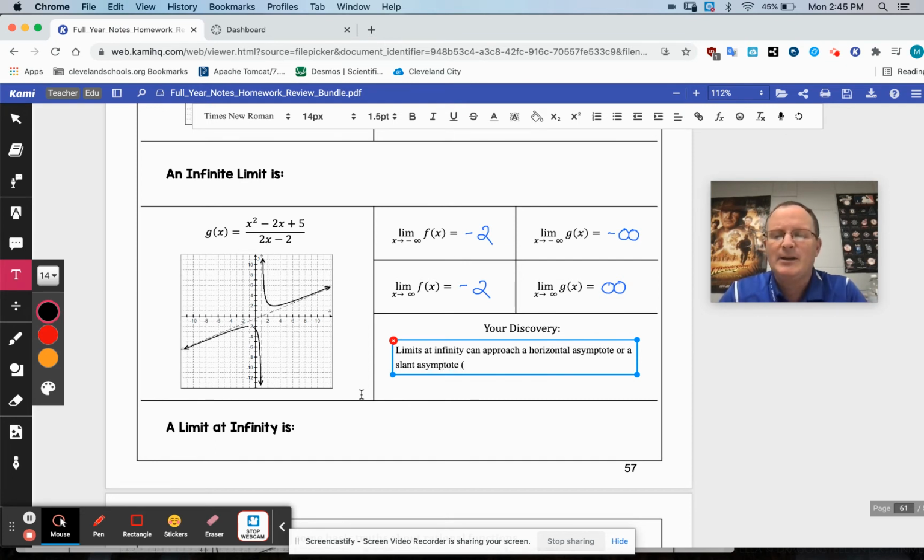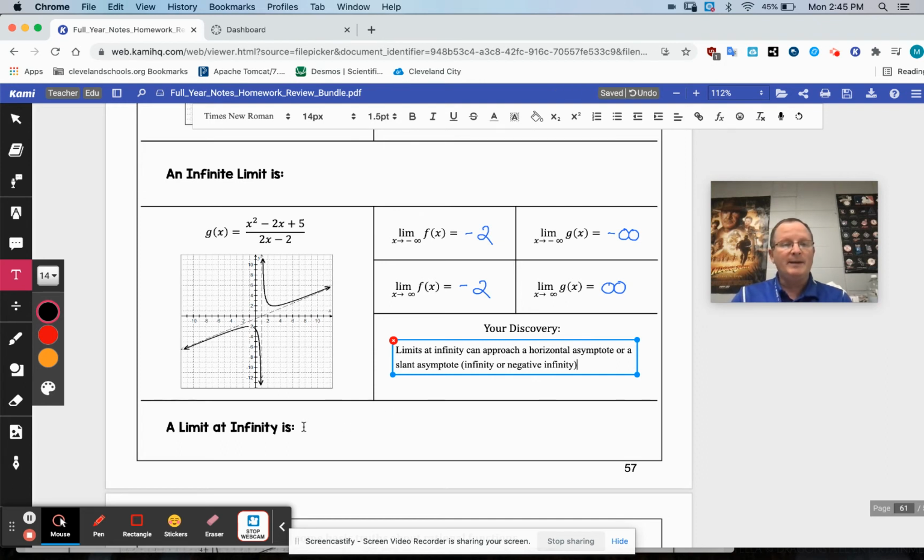In that case, you would have infinity or negative infinity. It's kind of cool to know that if you did have a slant asymptote, and we'll talk more about that in just a second.